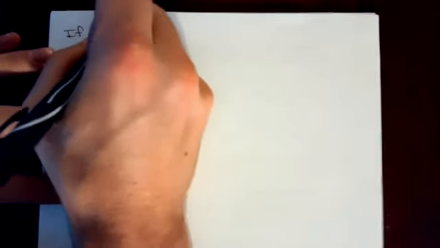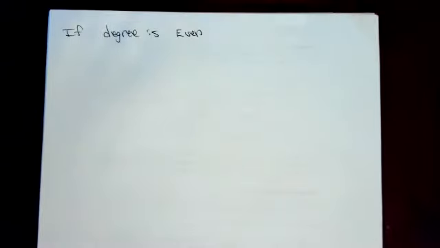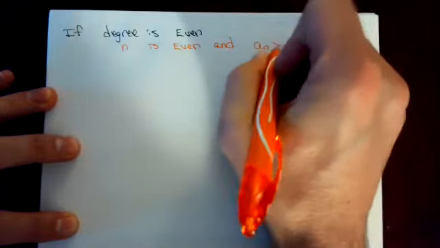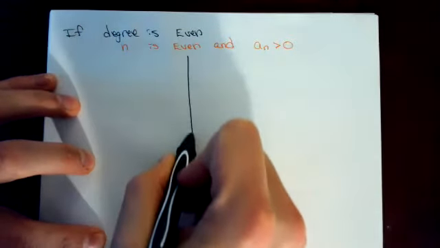So if the degree n is even and a_n is positive, then the graph is going to look like this.